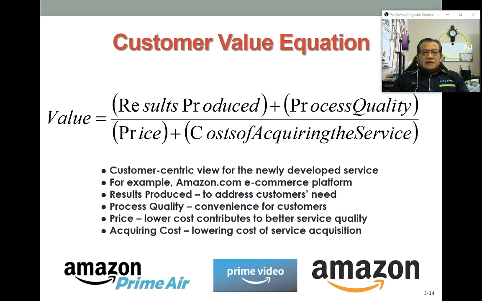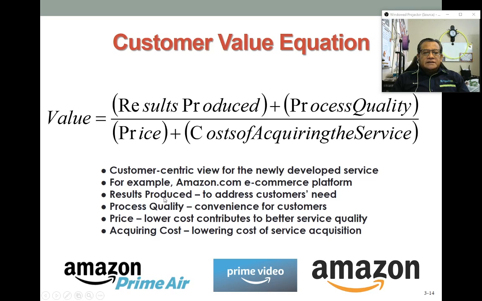So its customer value was based on customers who love to buy books, customer-centric for book lovers. Amazon.com is a very strong e-commerce platform, I would say among the best, on top of Alibaba and so on.